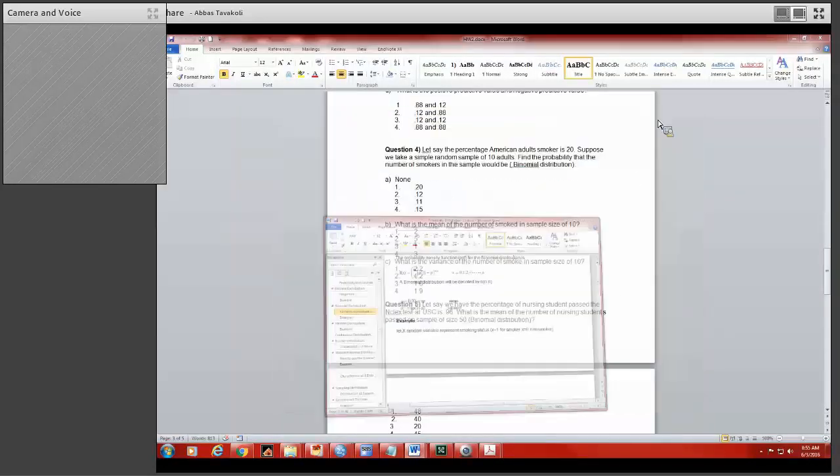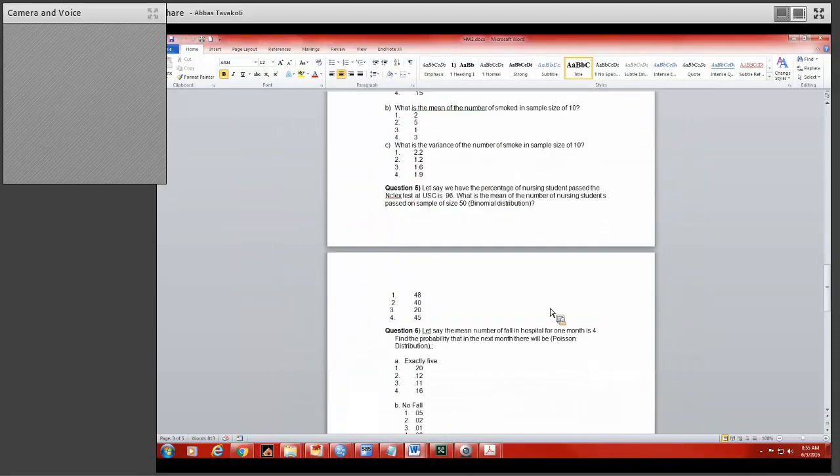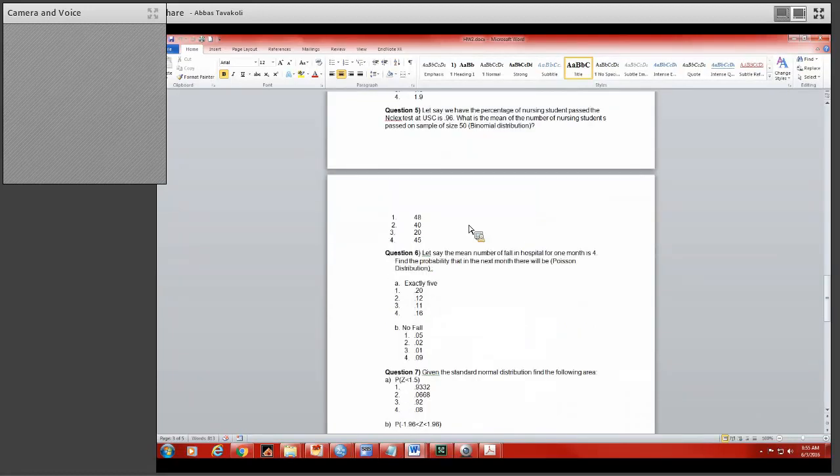So what is the mean number of smokers in a sample size of 10? What is the variance? That is a very simple calculation based, again, on the probability. We know the mean is n times p, and the variance is n times p times 1 minus p.